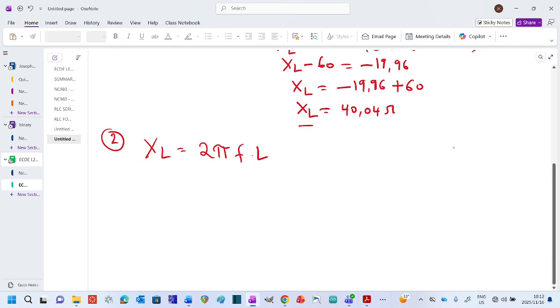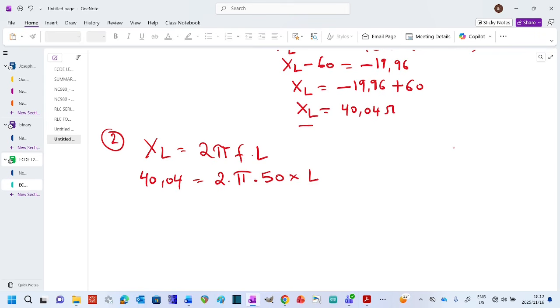If we plug in each value, XL is 40.04, which is equal to 2 pi, frequency is 50 Hertz, times L. L is an unknown.